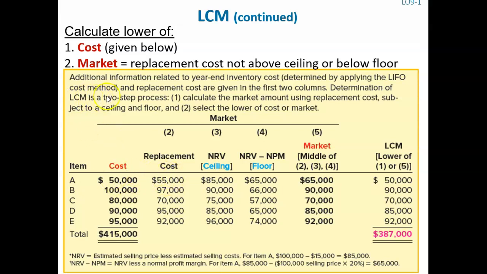Determination of the lower of cost or market is a 2-step process. First, calculate the market using the replacement cost, subject to the ceiling or floor, and second, select the lower of the cost or market.